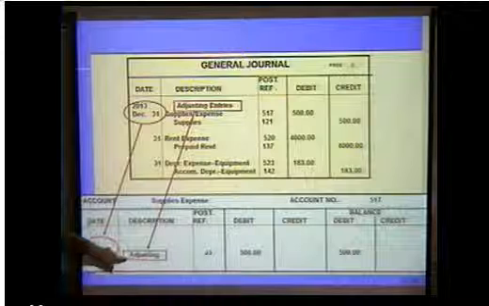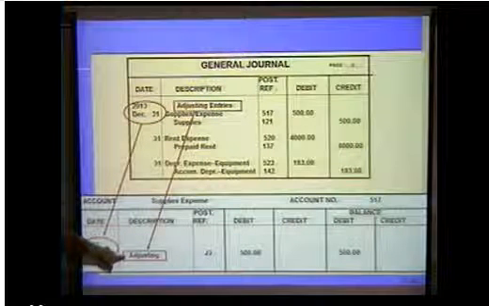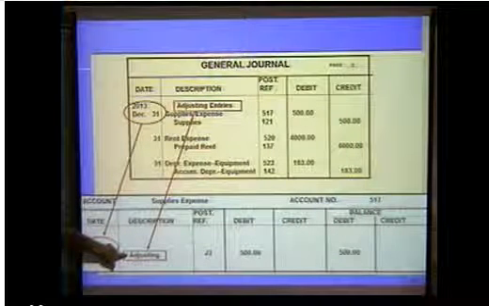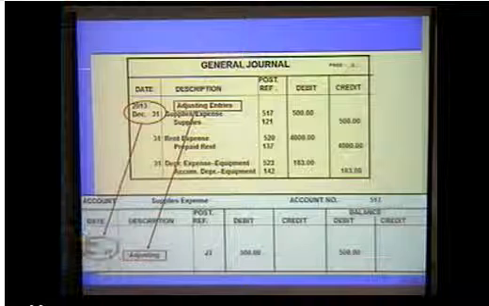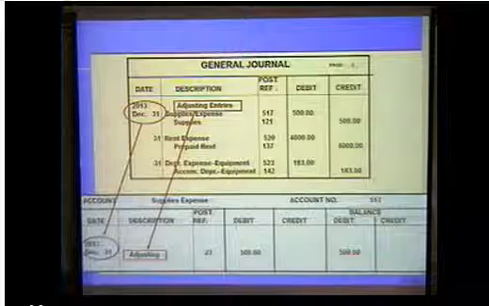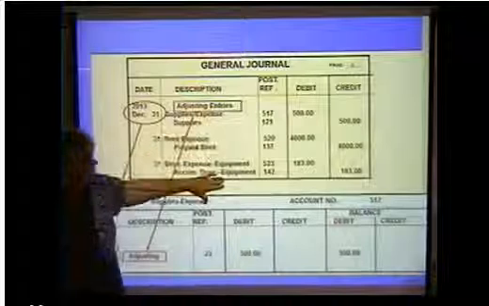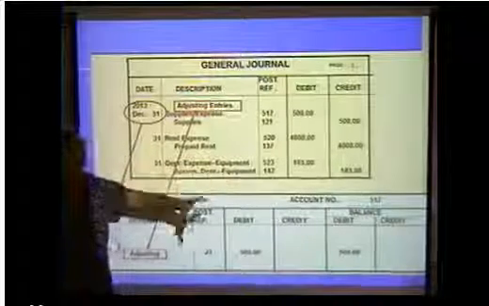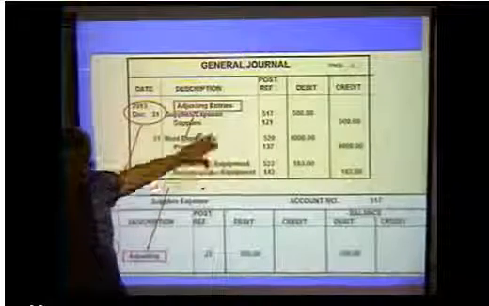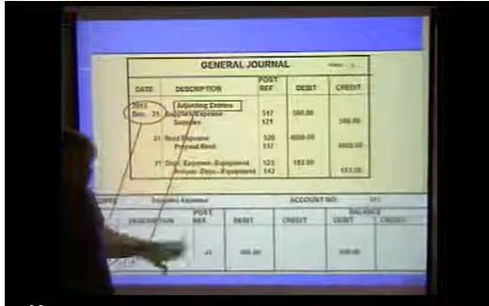You don't have to write a description. Your description is just going to be adjusting entries in your journal, so you don't have to write a description under each one. But when you post them to each of the ledger accounts, you just show what page of the journal you got it from.